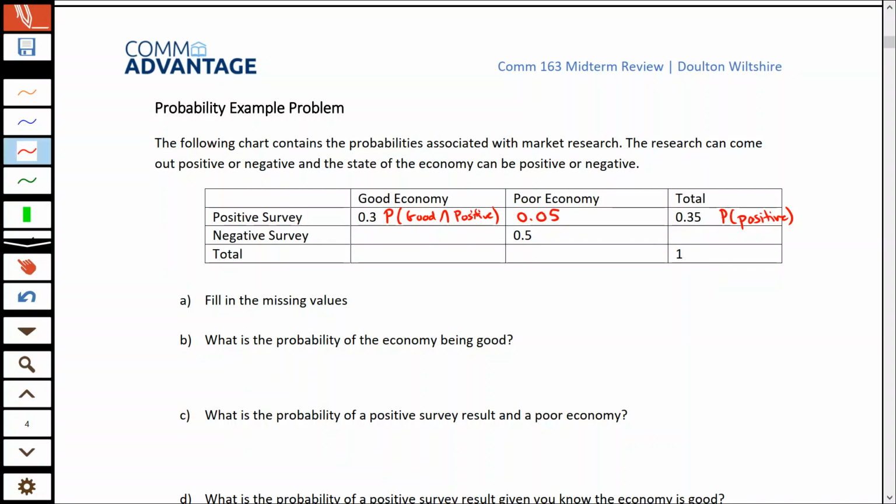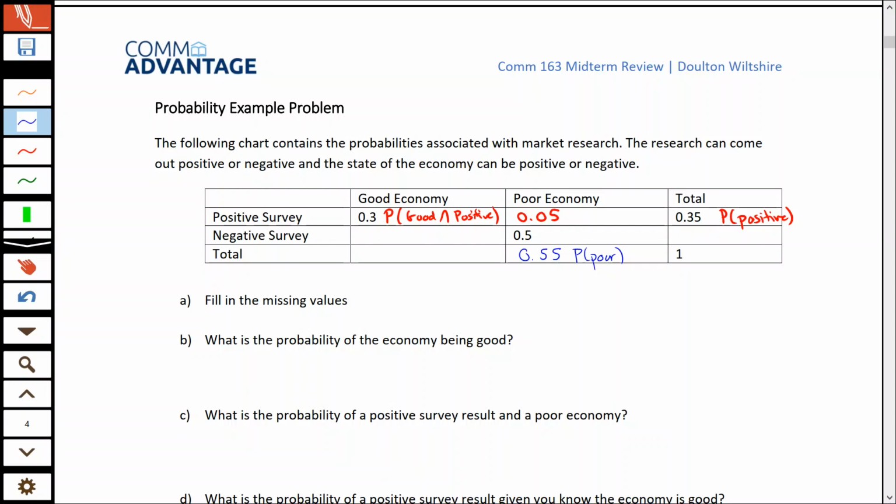These two have to add up to the 35. From there, the next number I could figure out is that the chance of there being a poor economy is going to be 55%. Right? It's that total over all the different possibilities.